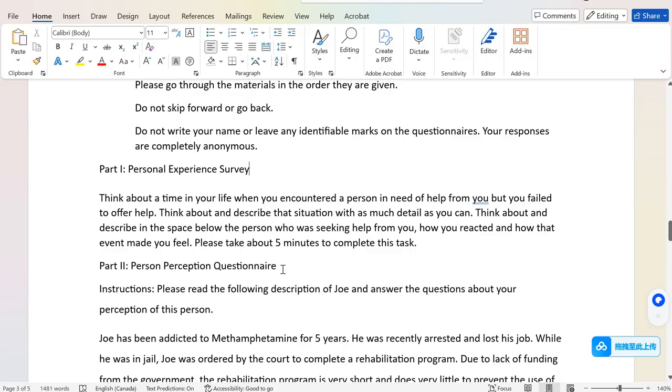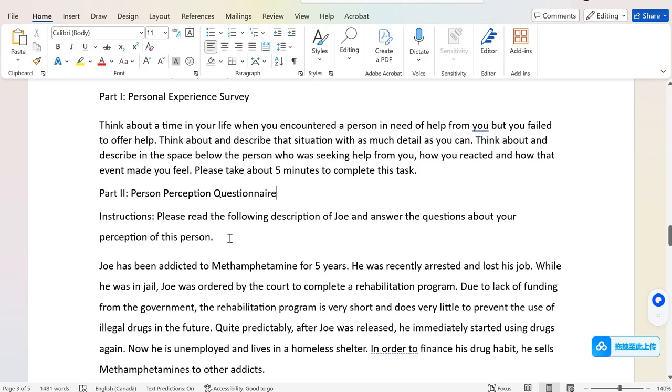Part 2, the same between the two versions. Let's look at part 2 first. Part 2, Person Perception Questionnaire. In this questionnaire, students were asked to read a description about the person Joe and answer questions about their perception of Joe.